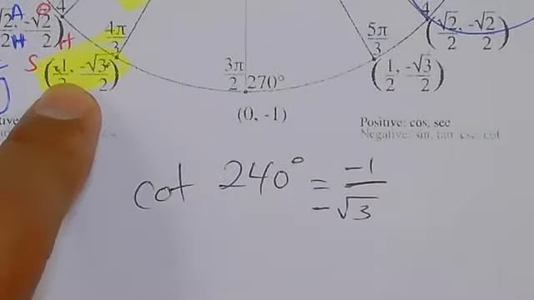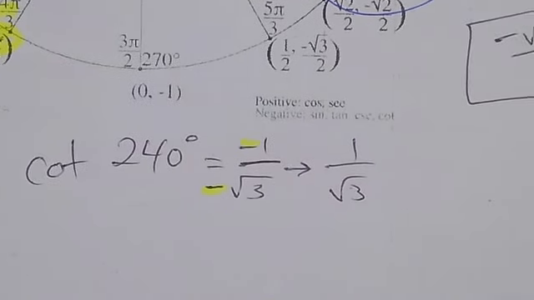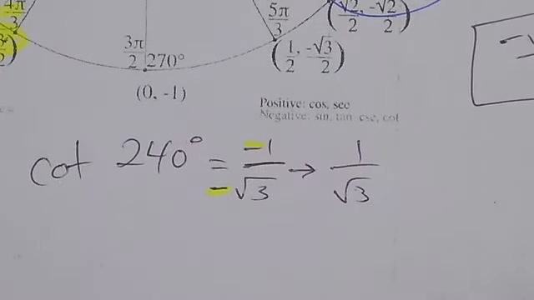What's going to happen with the negatives? They're gone, right? It's going to turn positive. You're left with 1 over root 3. That's the answer, but we can't leave it like that. Are we good now?